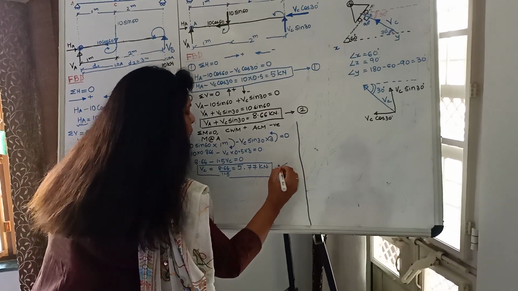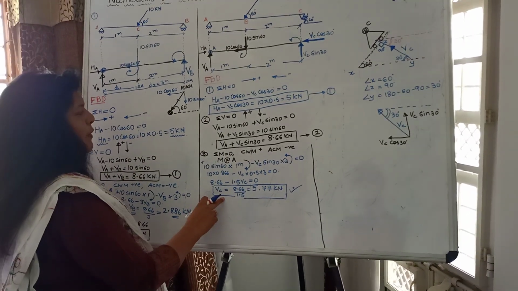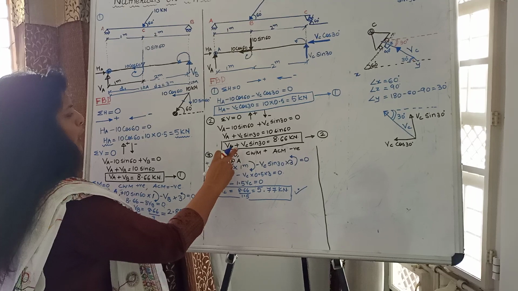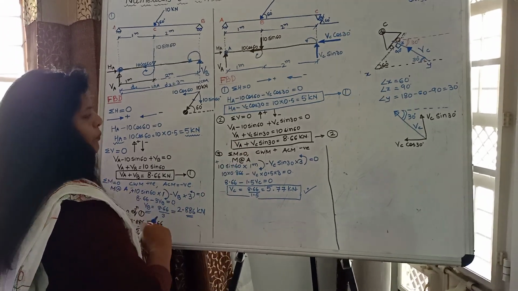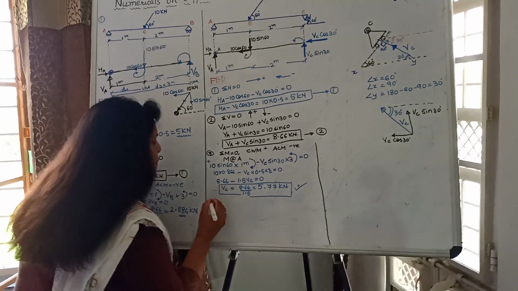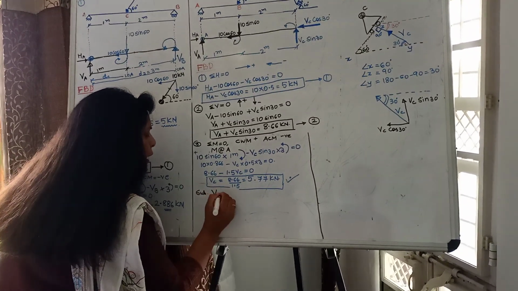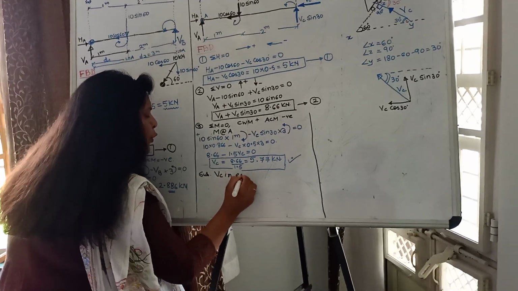So we have got the first answer as VC equal to 5.77 kilonewtons. Now we will substitute the value of VC in equation number 2.